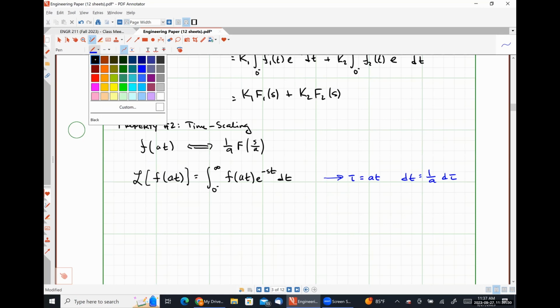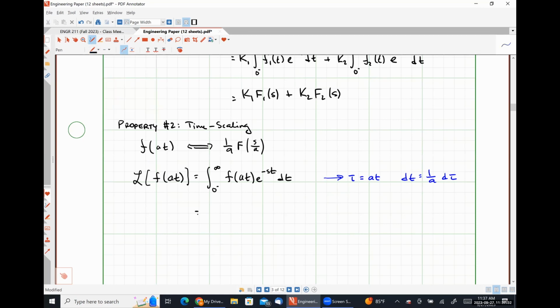So substituting these in, our integral is going to look like 0 to infinity of 1 over a f of tau times e to the negative s over a times tau d tau.